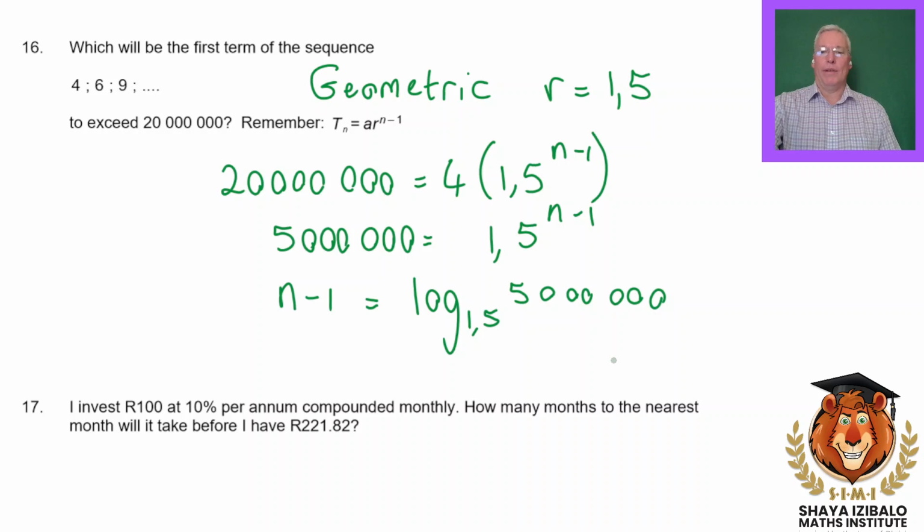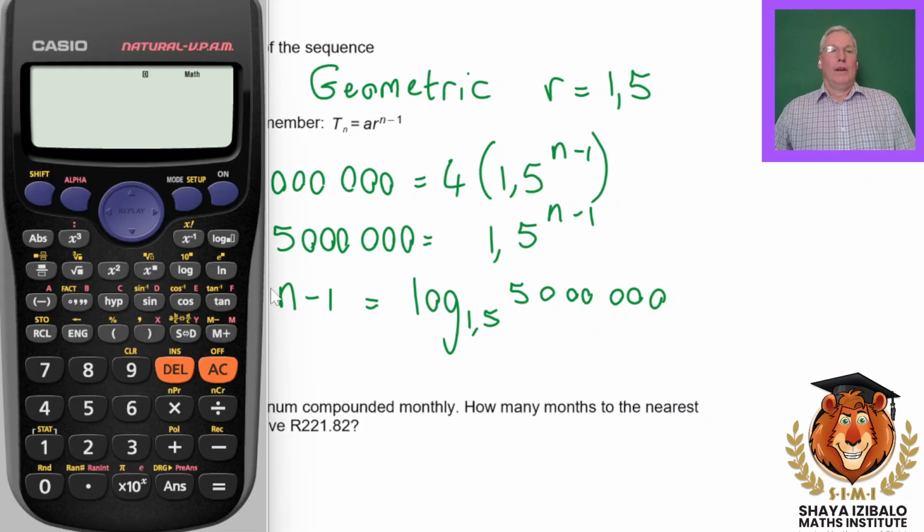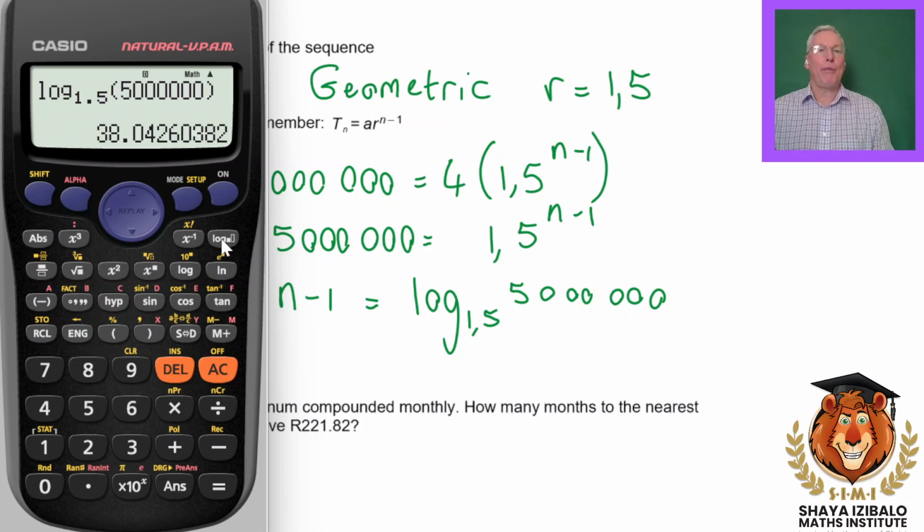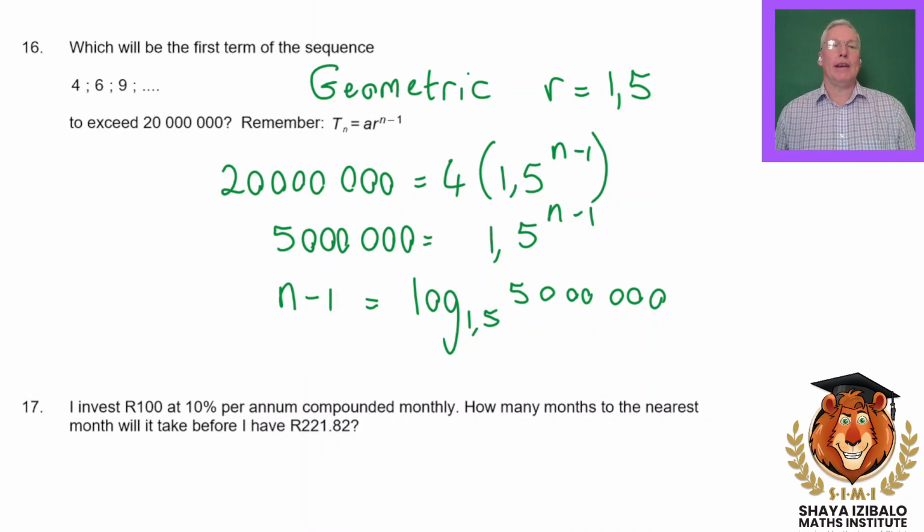Let's see what that is. Log base 1.5 of 5 million, and what we get is about 38.04. Now remember, that's not n, that's n minus 1. So n is actually going to be 39.04.